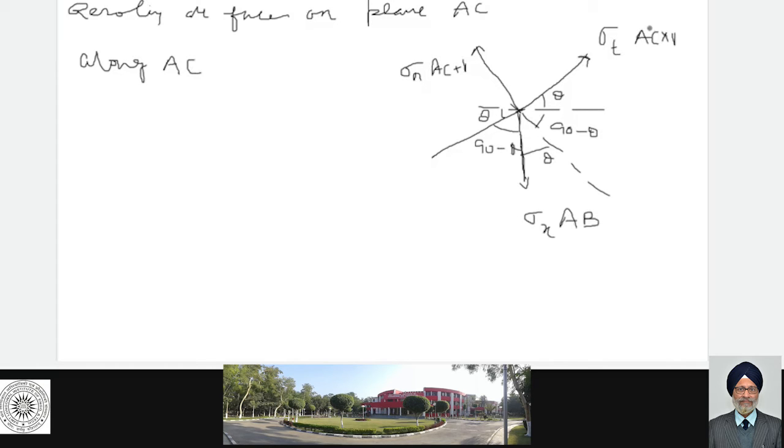So in this plane, what do we have? It is sigma tau into AC. And what is the component of this? It will be equal to sigma x AB, and this will be cos(90 minus theta).